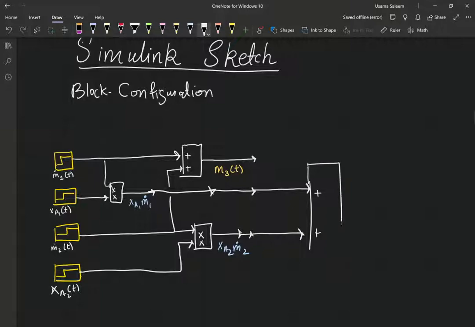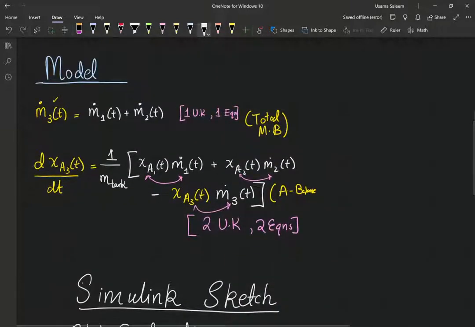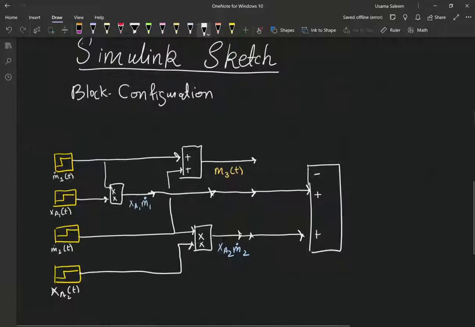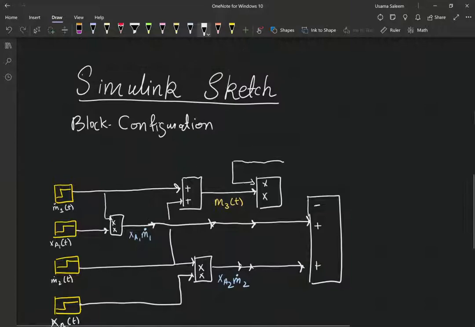And there's also the output term, XA3 multiplied by M dot 3. That's going to be subtracted. There's going to be a subtraction here. And obviously XA3 is one of the outputs, so we don't have it yet. But that's not going to stop us. I'm just going to assume that this is where XA3 is coming from, and we're going to loop it back.